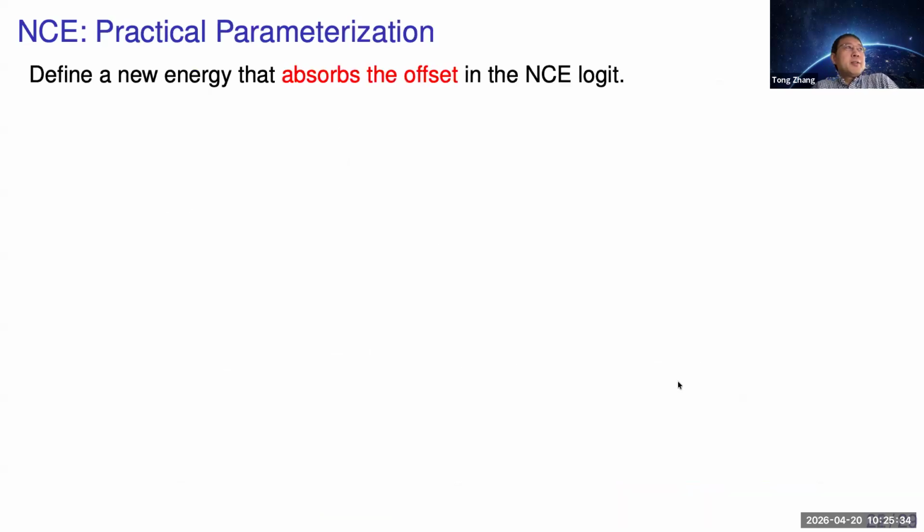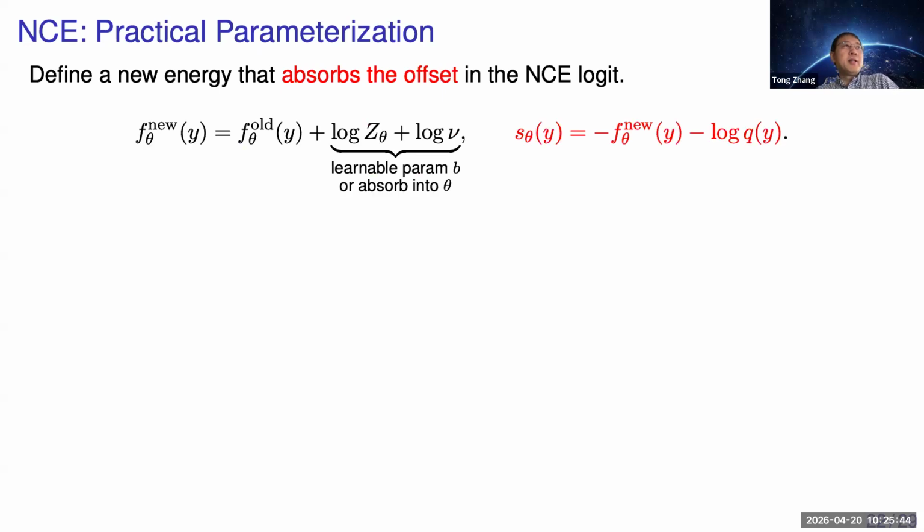So that's all. For practical parameterization, you can define a new energy function that absorbs the offset in the NCE logit. So you can think about this, right? This is my starting point, and the key part is that it is independent of y.